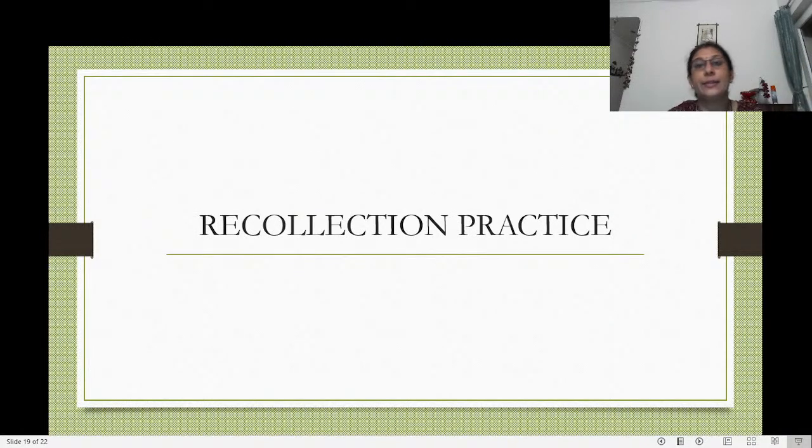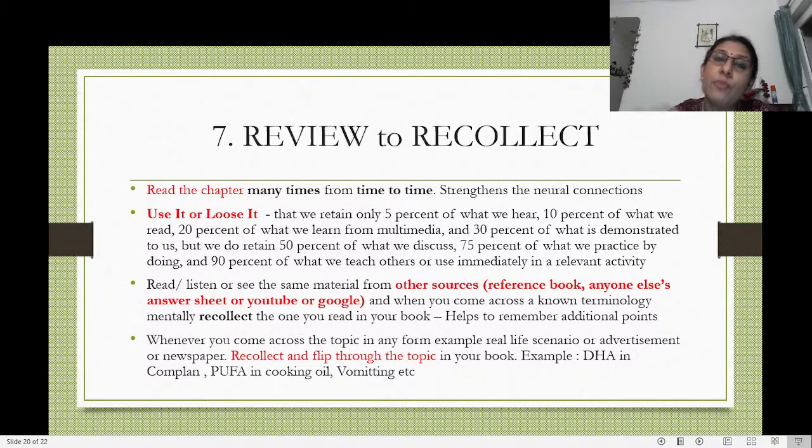Okay. Then there is another very strong way of remembering, that is called recollection. The more you recollect, the more number of times you read the chapter again and again, it actually strengthens the neural connections that are built because you are revisiting the same pathway again and again in the mind. Then they say use it or lose it. When you hear something, you only retain 5% of it.